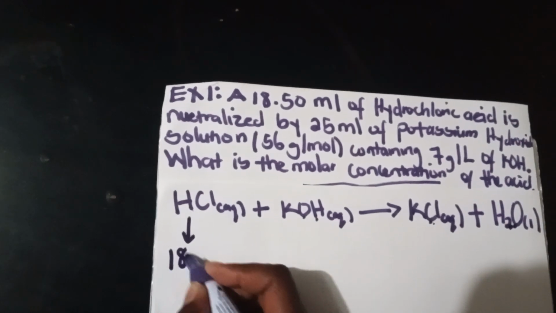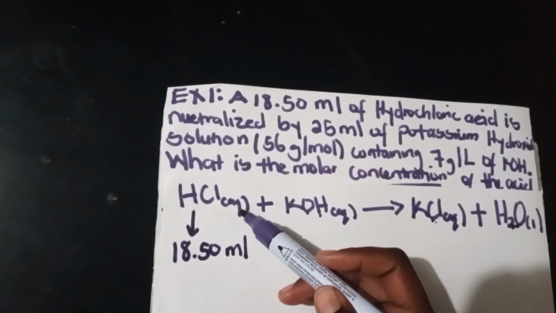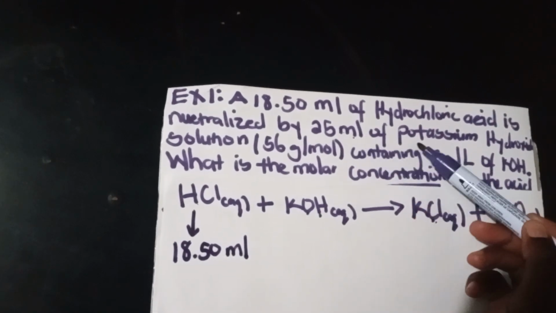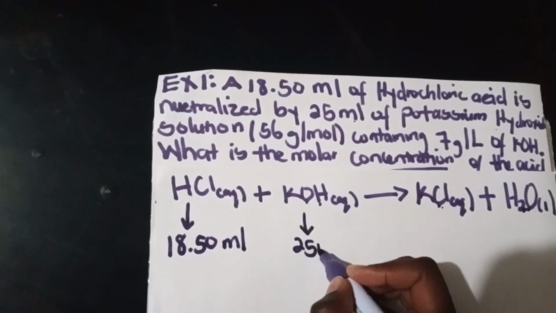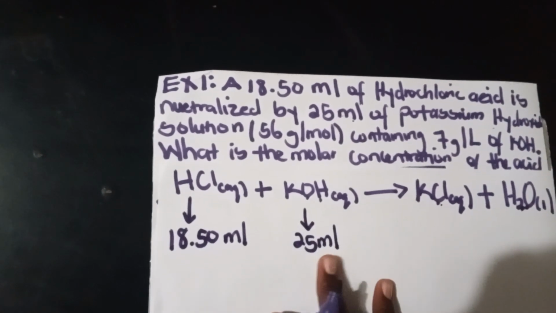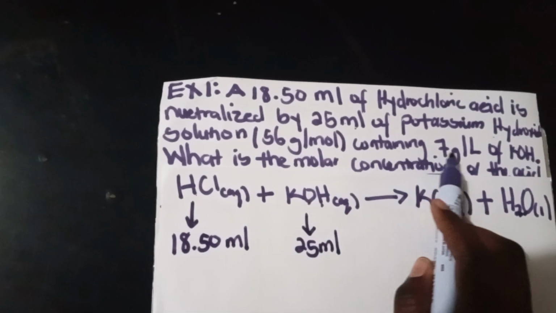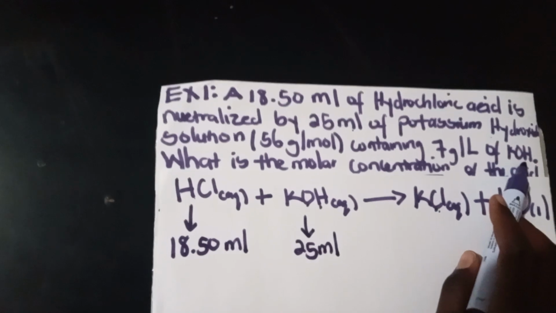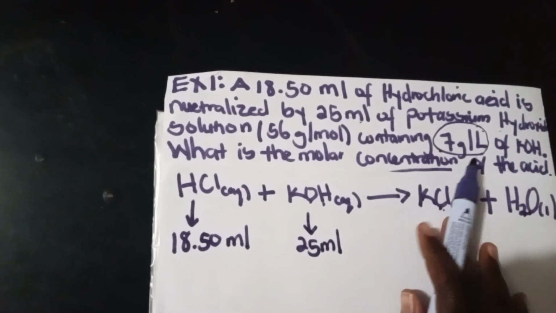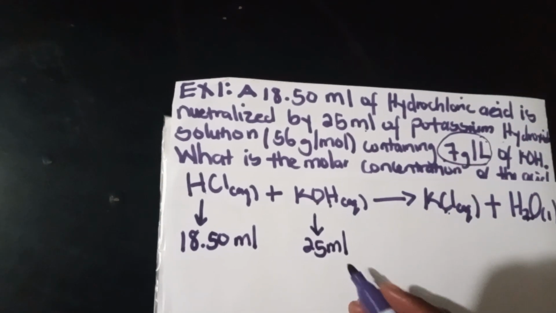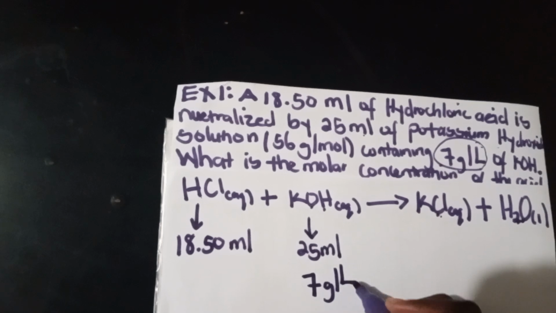We have 18.50 ml of HCl was needed to react with 25 ml of potassium hydroxide, with a concentration of 7 grams per liter.